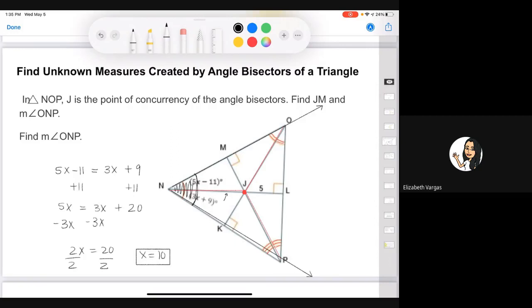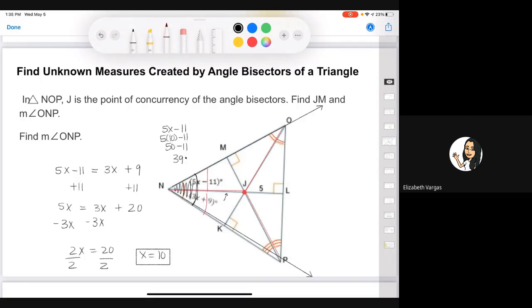So now that I know that x is equal to 10, I want to plug this back in to find exactly what the measure of these two angles is. This one was 5x minus 11. I'm just going to plug 10 back in. And that tells me that this angle is equal to 39. Let us remember that those two halves of that angle are congruent, right? This angle is congruent to this angle, and so both of those would be equal to 39.